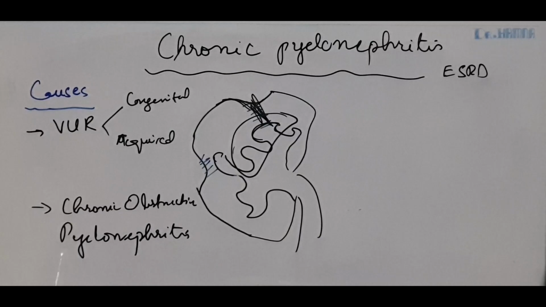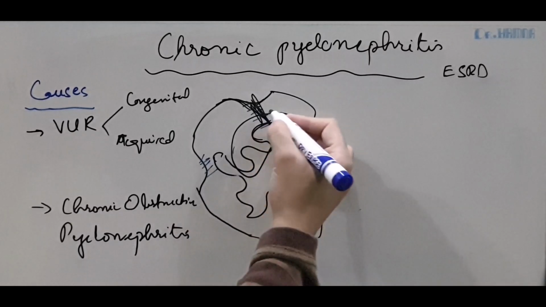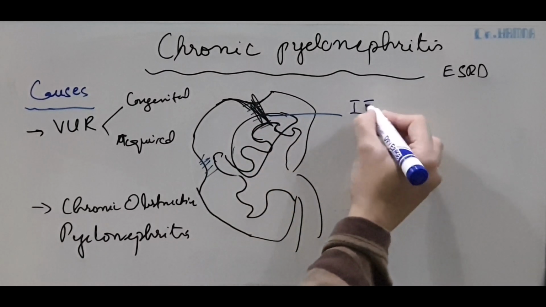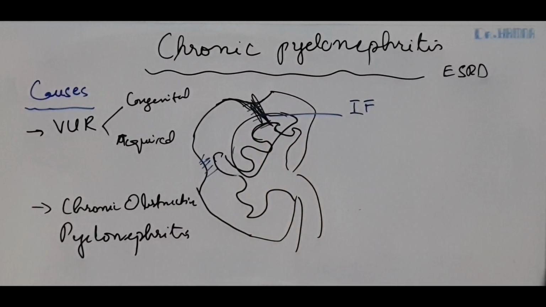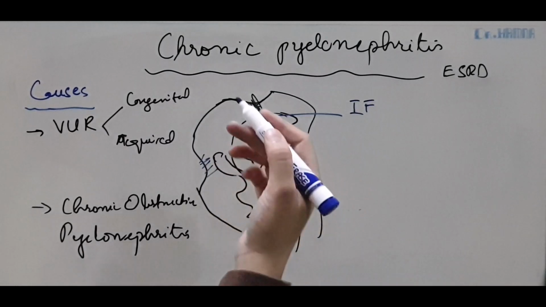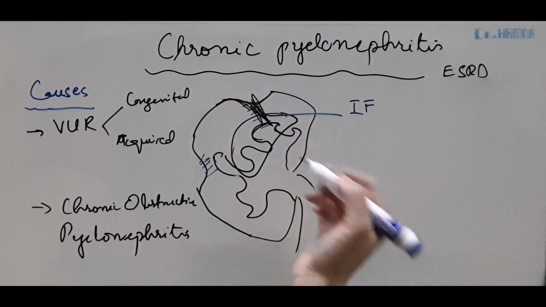What will you see in the morphology? As I just mentioned, you will see interstitial fibrosis. The main components of the pelvicalyceal or medullary region are the interstitium, tubules and vessels. Main are the interstitium and tubules.